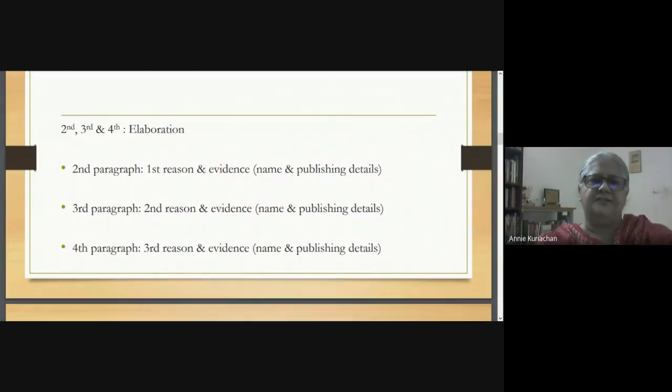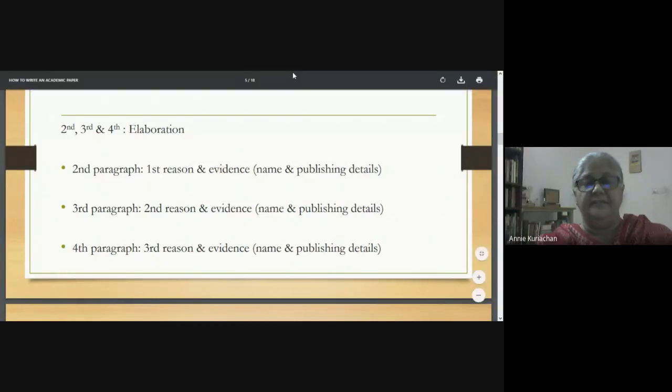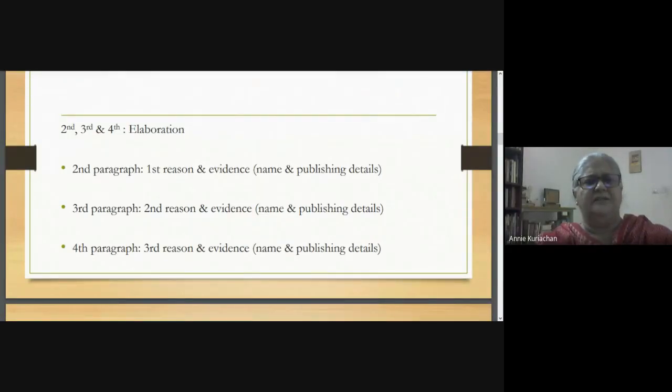Now, once the introduction is clear, remember the last part of the introduction is where you present three arguments that are relevant and that are distinct, that are not rephrasing of the same idea, but they are distinctly apart, but they are relevant and they tie up with the thesis statement. So we have the second paragraph, the third paragraph, and the fourth paragraph, or the second chapter, third chapter, and the fourth chapter.